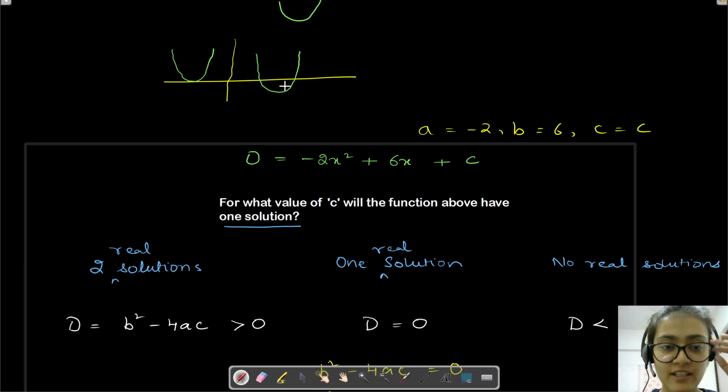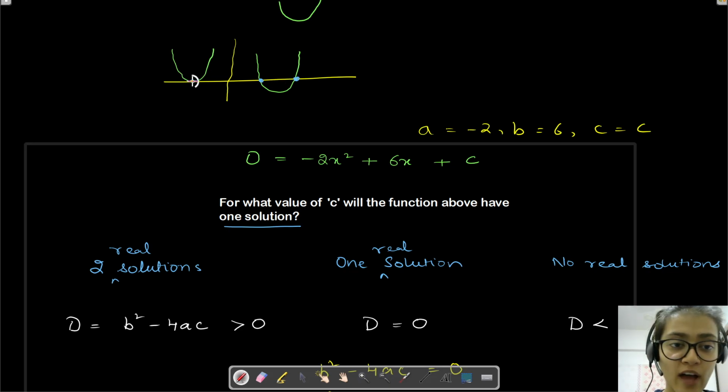So when you have the first case, when the graph is crossing the x-axis, this is the case where you are getting 2 points of intersection, which are your solutions as well. So if they ask in a question for what values of c this graph will have 2 intercepts with the x-axis, in that case they are talking about finding 2 real solutions.